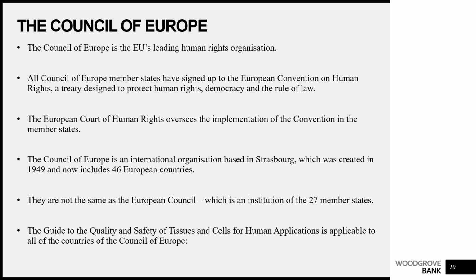But the Council of Europe, this Guide to the Quality and Safety of Tissues and Cells for Human Application is applicable to all of the countries in the Council of Europe.